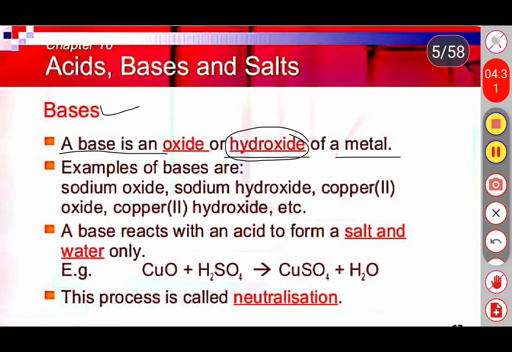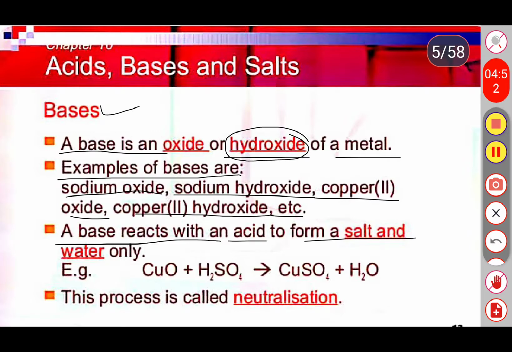Listen here, one more example is given. Examples of bases are sodium oxide, sodium hydroxide, copper oxide and copper hydroxide, etc.